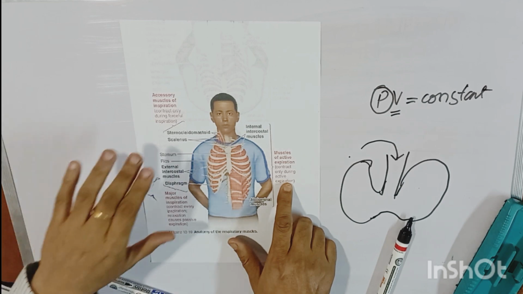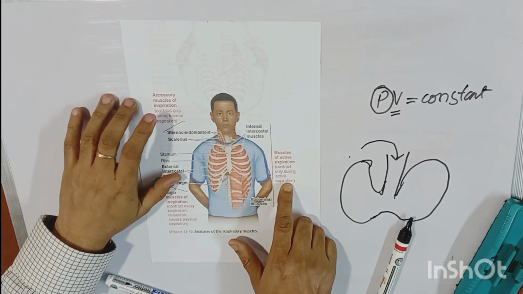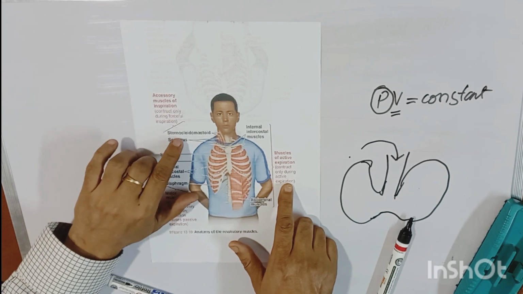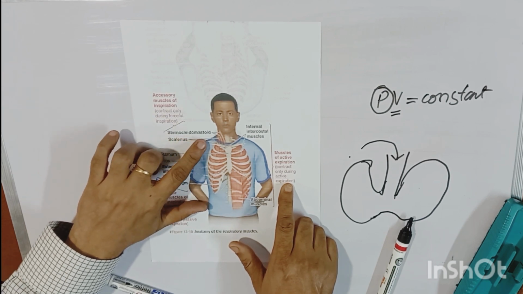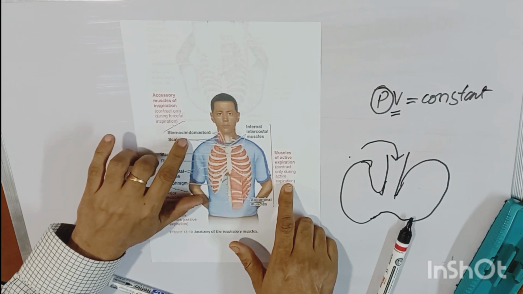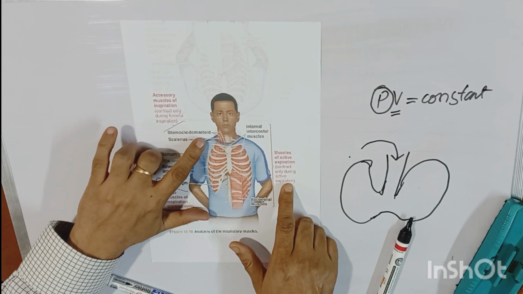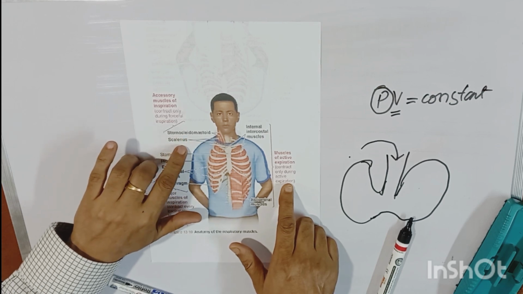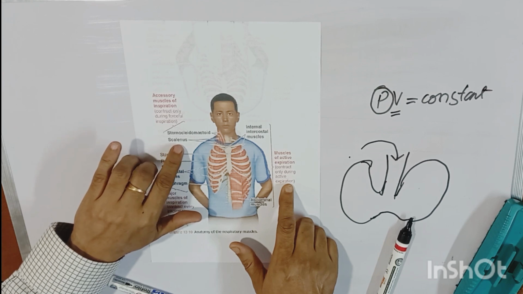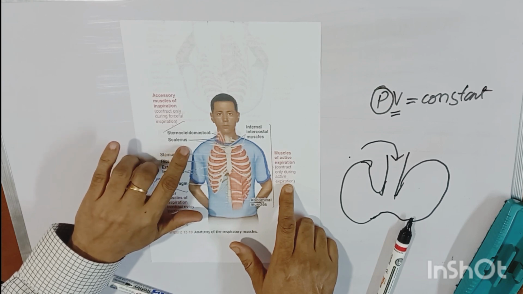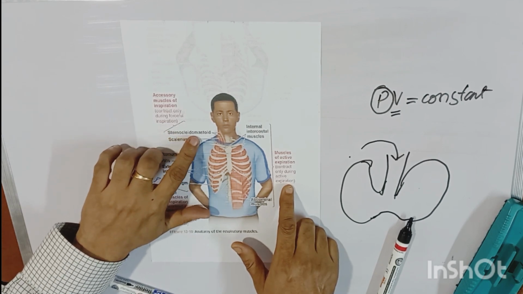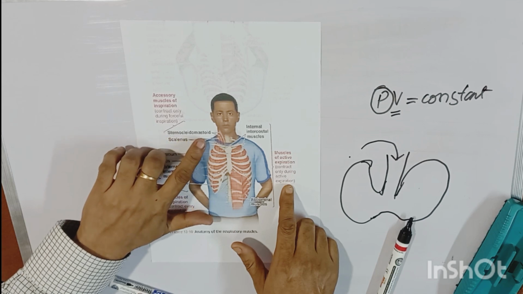And there are the accessory muscles of inspiration. These muscles contract forcefully while we are taking forceful inspiration. These are the sternocleidomastoid muscles and the scalenus muscles.